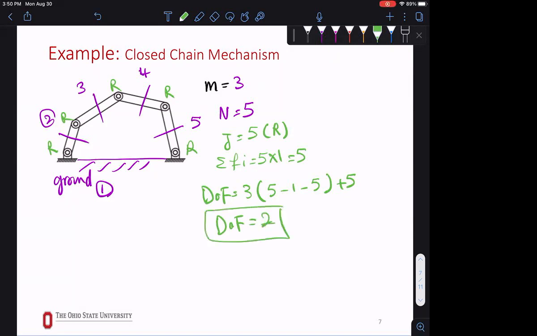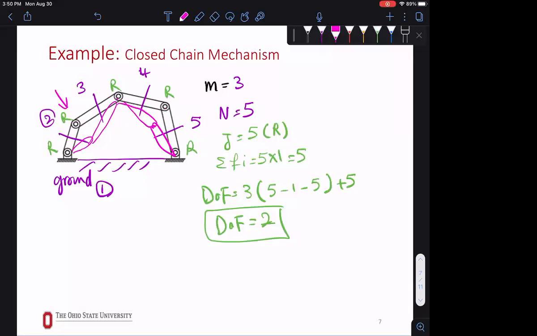If you want to imagine how it works, if you push one of these links, and then you also push this one, these two work together, then the third one, even if it's a joint, is not going to move independently.